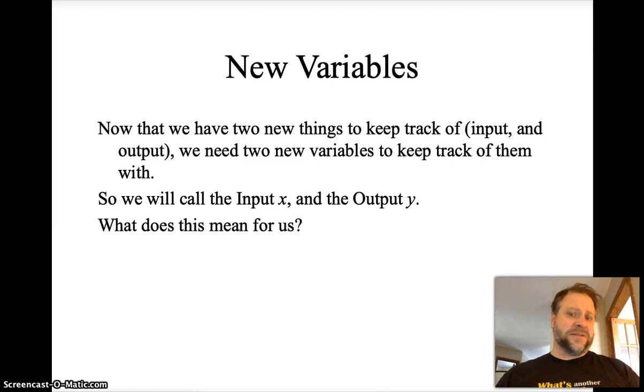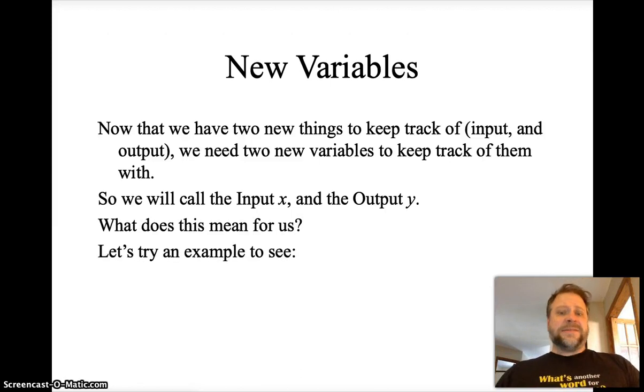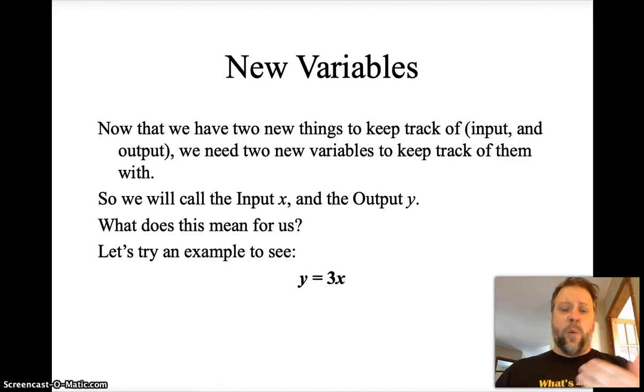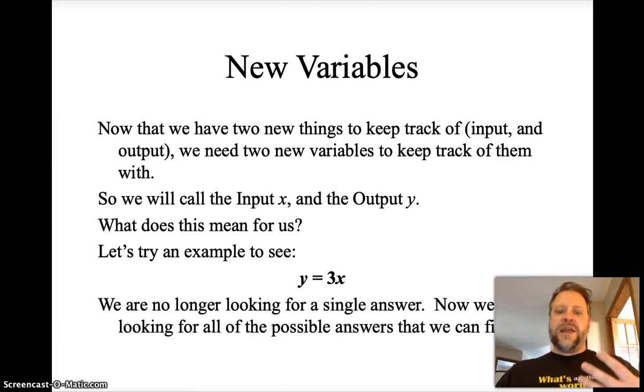So what does this mean for us? Well, let's give it a try. Here's an example. Here is a function. This function says that y, the output, the answer, is equal to 3 times x, 3x. So whatever I put into there, I'm going to get out another answer, but I'm not looking for one answer anymore.